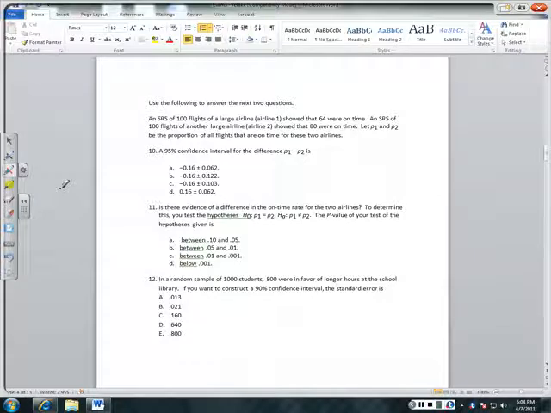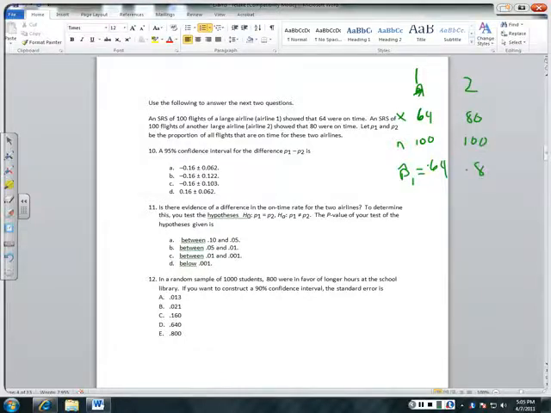Okay, so anyway, in our first sample we had 64 out of 100. That's just X and n in group 1, I'll call it. So in group 1 we had a p-hat of 0.64. And for group 2 we had 80 out of 100. That's 0.8.